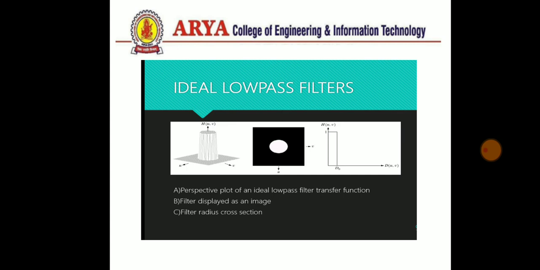This circle is applied over the image just like a filter mask, and the portion of the image covered under this circle is filtered out at a time. The last figure is the filter radius cross section, which expresses the filter data at a time.